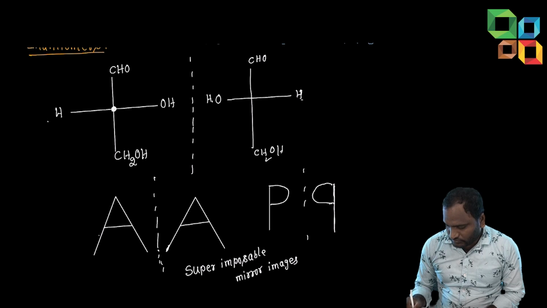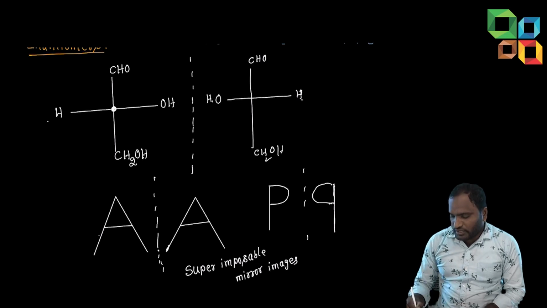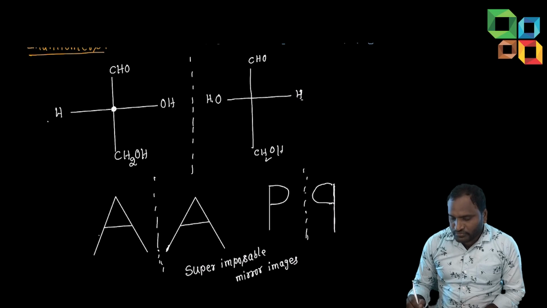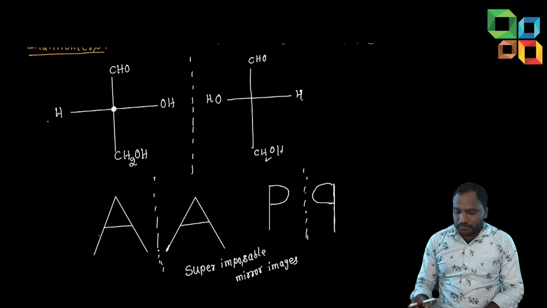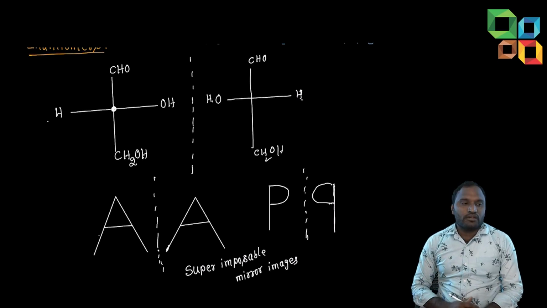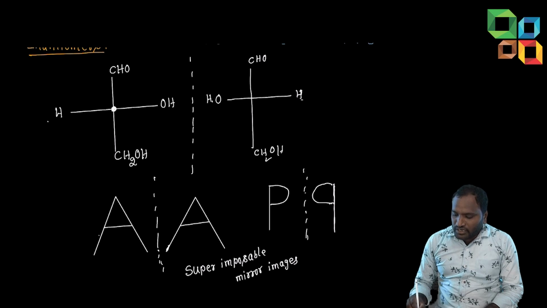It is a mirror image. If I lift this one and keep it upon the first one, do they coincide, students? No, sir. No. This is called a non-superimposable mirror image. These are called non-superimposable mirror images. Hope you understood what is superimposable and what is non-superimposable.